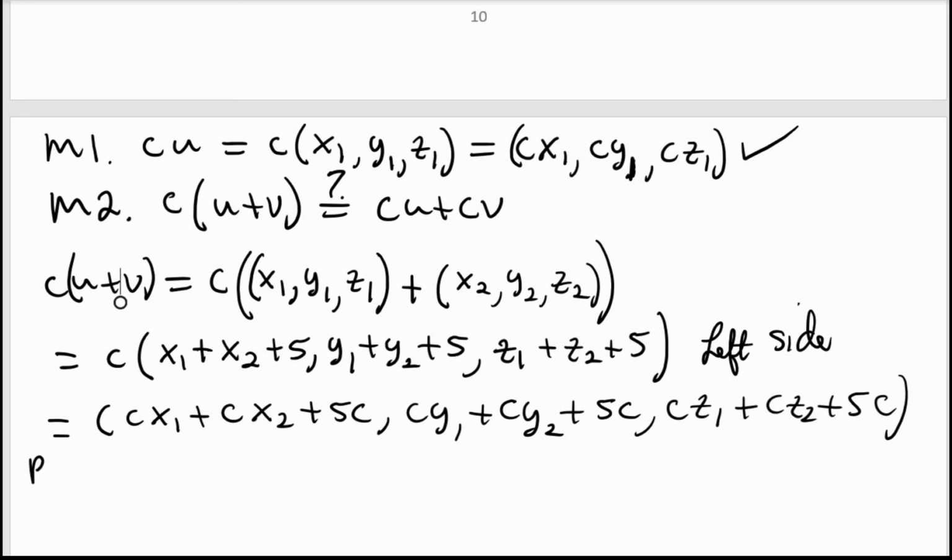So now the right side. So this is c times u plus c times v.